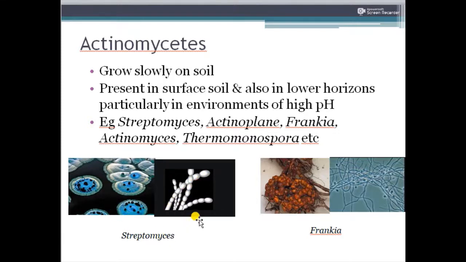If you look at this, it looks like a fungus also, but it is a bacteria. Another example of an actinomycete is Frankia. I think you remember, this is found in the root nodules of some higher plants. Frankia is a nitrogen fixing actinomycete, and under the microscope, it looks like this.